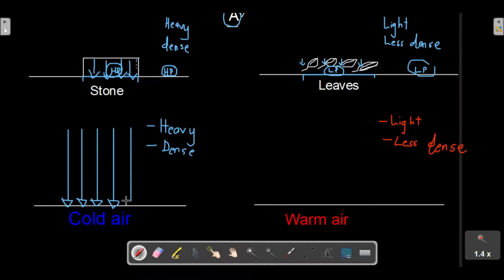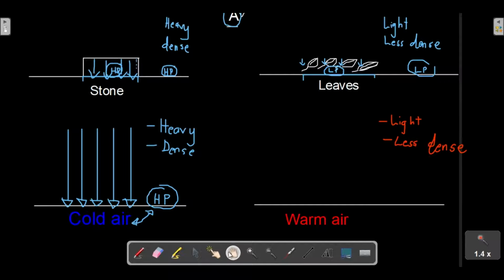That means that the ground will experience a higher pressure, or we say that an area of high pressure is created on the ground. It's always relative to the ground. So an area of high pressure will always be created by cold air. It's always associated with cold air, guys, each and every time.